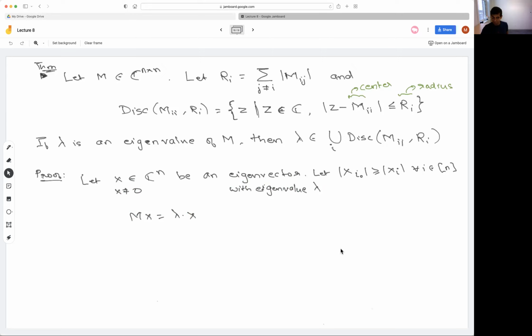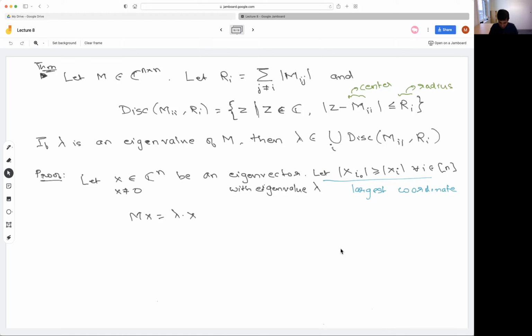So x is a vector in C^n. It's a vector of complex numbers. It's not 0, so some of its coordinates are not 0. At least one coordinate is not 0. So let's pick the largest coordinate, in absolute value or in modulus, if you're thinking of complex numbers.